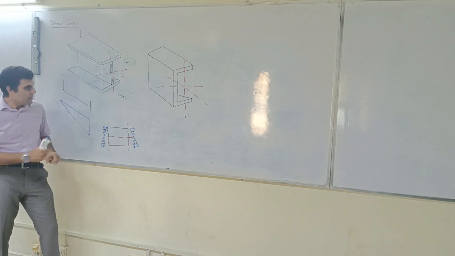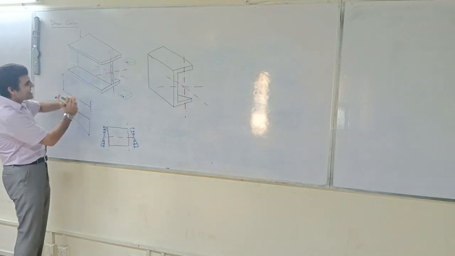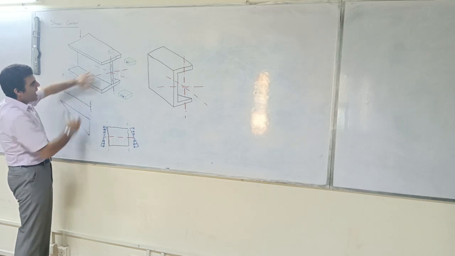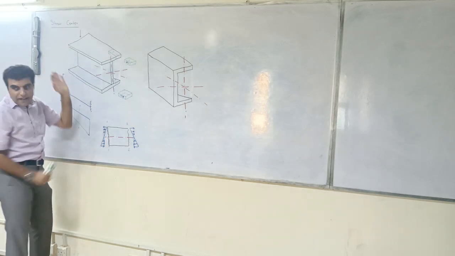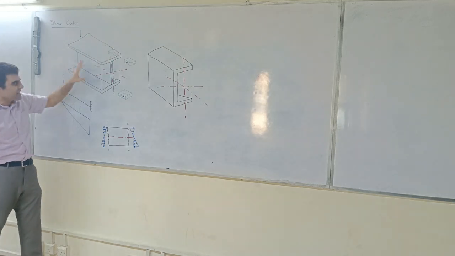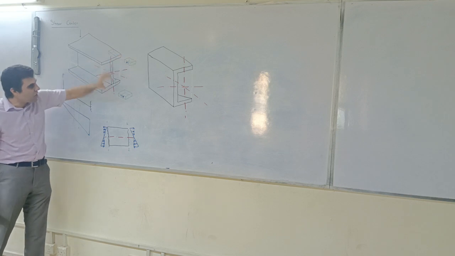Okay, is that clear? So this is the 3D image of this section, and imagining that this is an I section, we assume that this I section is discretized into small boxes, and we take one box.